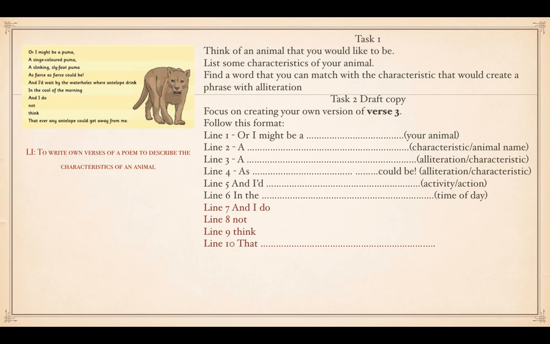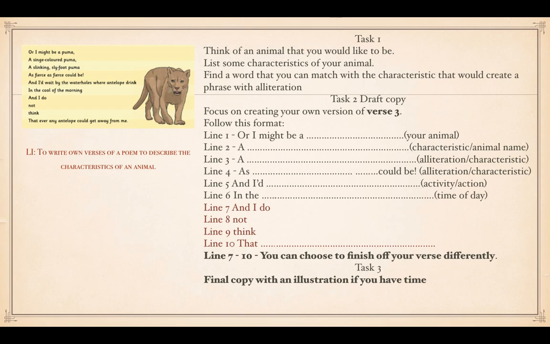So you can finish this verse with a sentence. Now, some people may prefer to do lines 7 to 10 differently. So you can finish off your verse in a different way if you prefer. You don't have to do lines 7 to 10. It's up to you to choose.